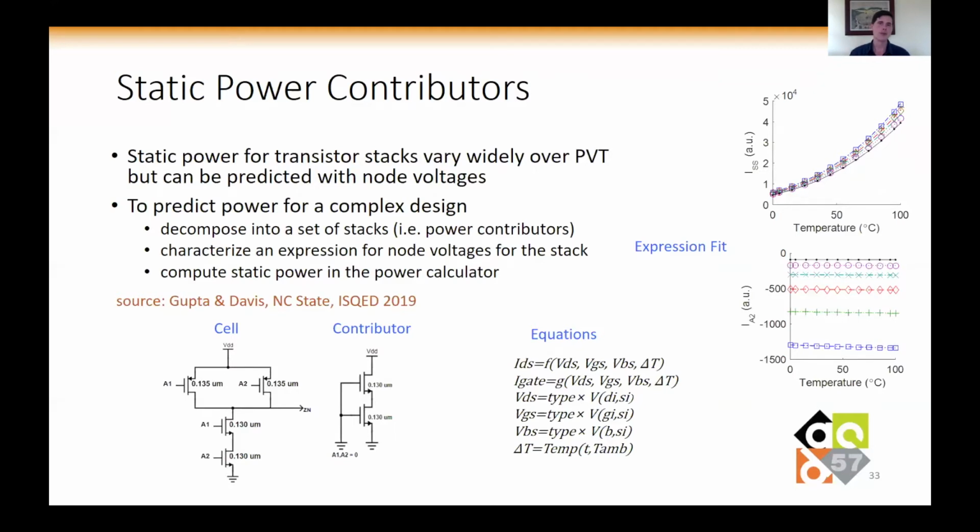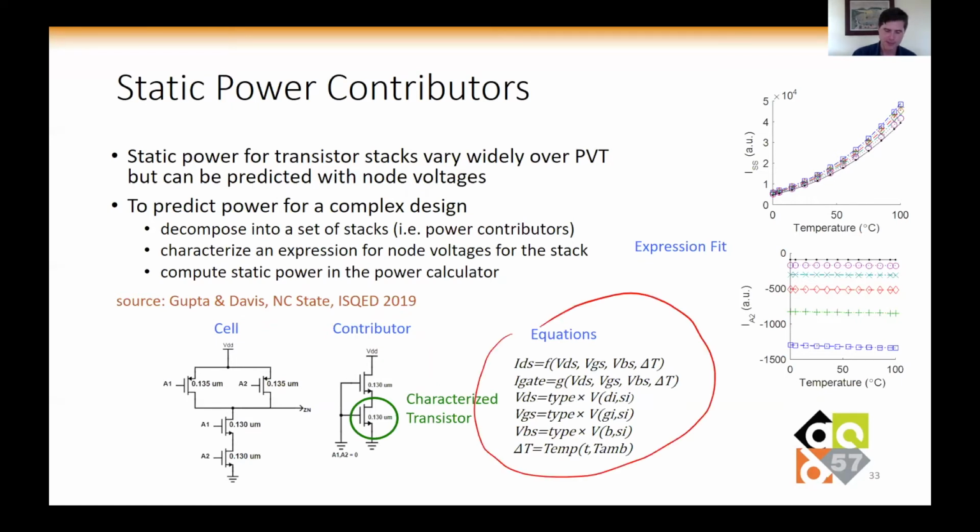So if I want to predict power accurately for a complex design, I simply have to decompose it into a set of stacks, which are what we call the static power contributors that exist in the design, and then pick one transistor in that stack and then characterize it over the full range of process voltage and temperature to come up with expressions for the node voltages in that stack.